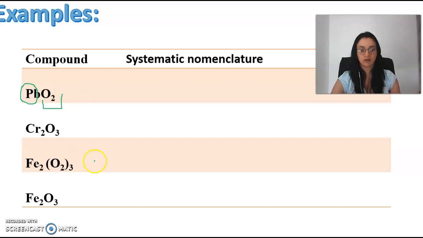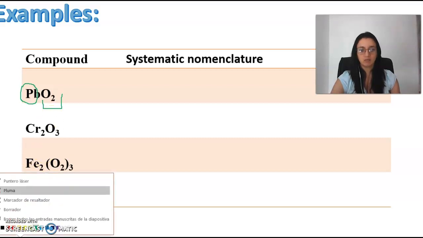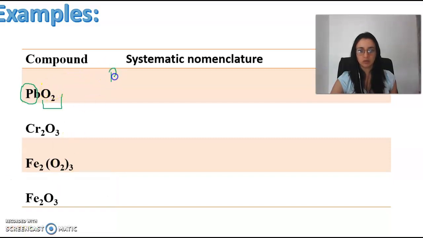So I first have to decide what kind of compound this is, because that will determine the ending of my name. So I already know that Pb is going to be my cation because it's the first element that appears in my formula. If I check the oxidation states of this element in the periodic table, it actually contains +2 and +4.